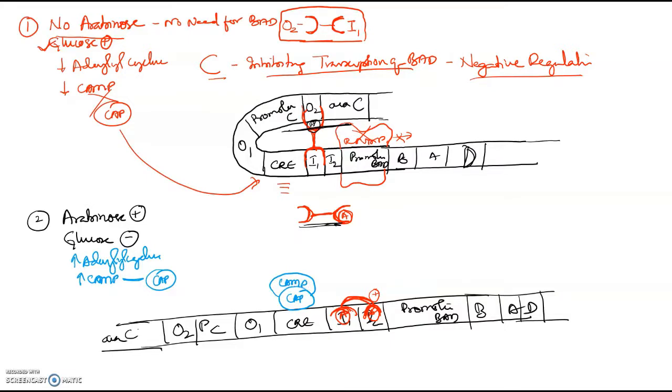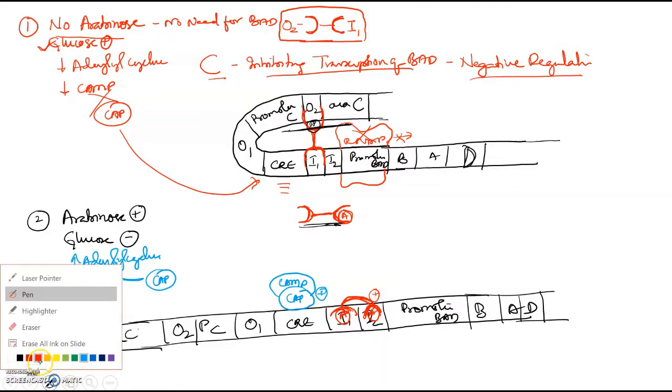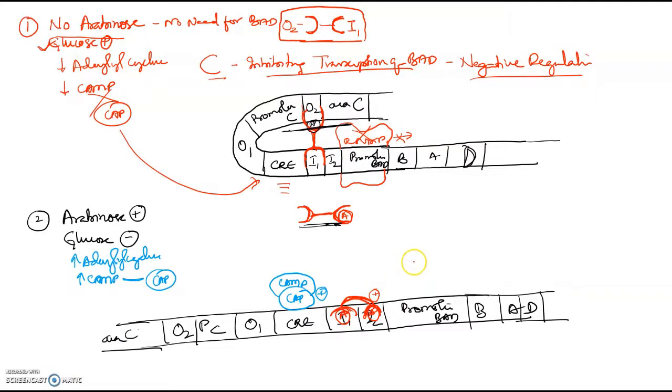We know that CAP and cyclic AMP are the stimulators for RNA polymerase. So what will happen is RNA polymerase will come and bind here, and it will transcribe the mRNA for BAD.